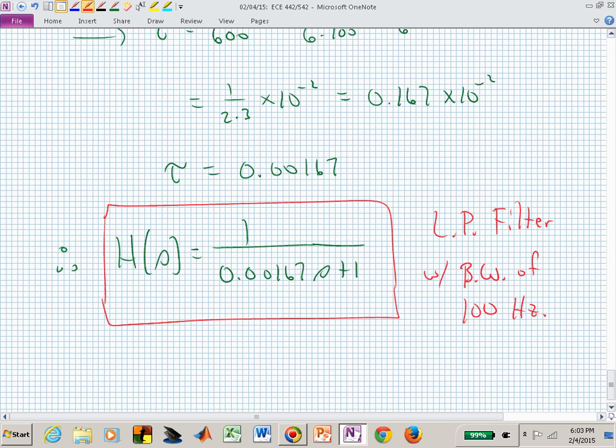And you could wake Josie up, get a C and an R, and build that, and now you can filter signals. And what do you know is going to happen with different sinusoids or cosines that are passed through that low-pass filter? You know which ones are passed and which ones are rejected with a cutoff frequency of 100 hertz.